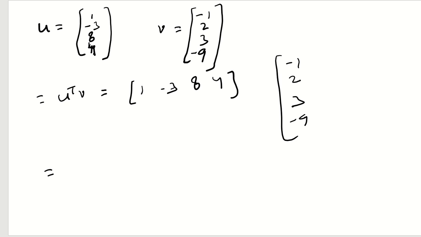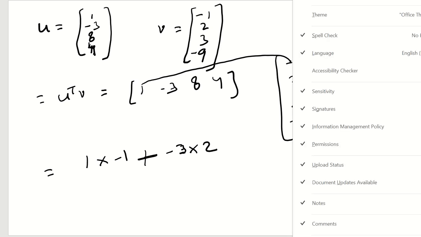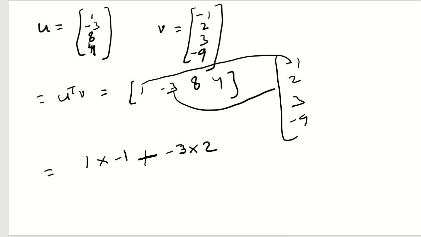Now if I multiply it, I'll do this: 1 into -1, that is this goes multiplied with this, plus -3 into 2, this multiplied with this, another plus 8 into 3, this multiplied with this, and this multiplied with this, 4 into -9.